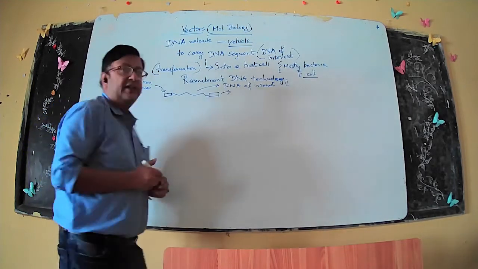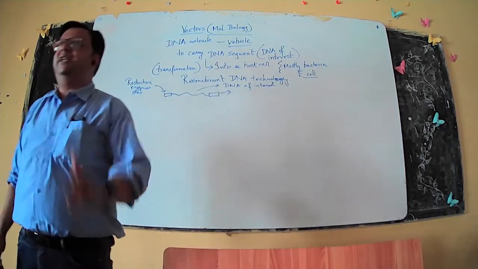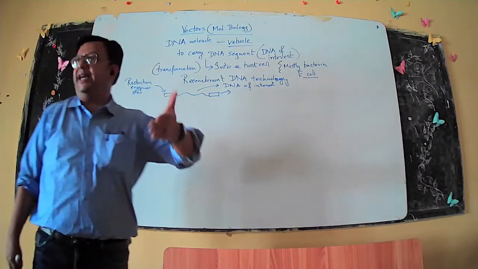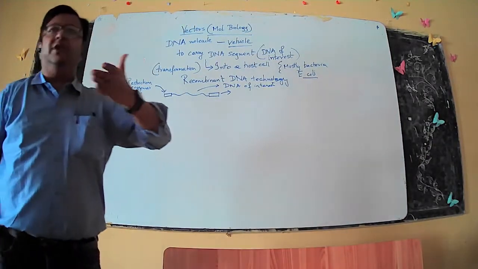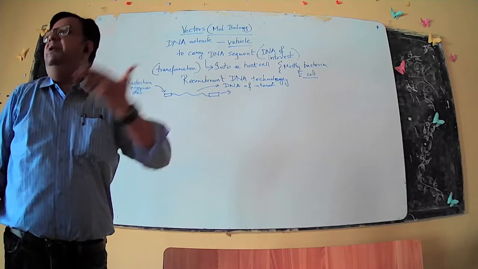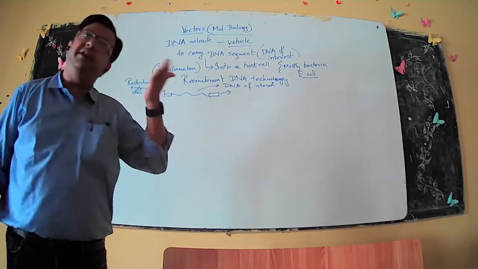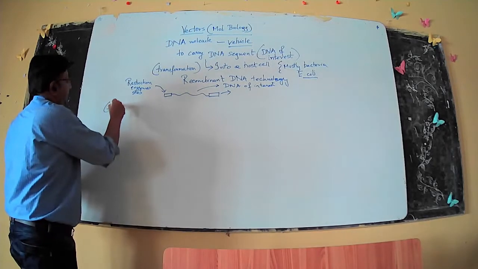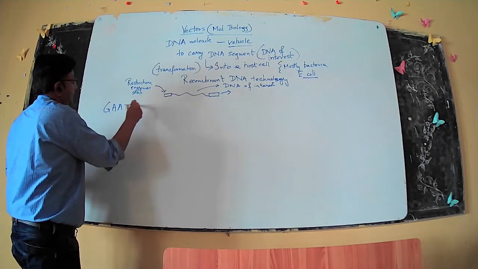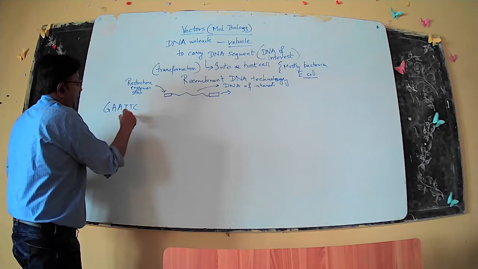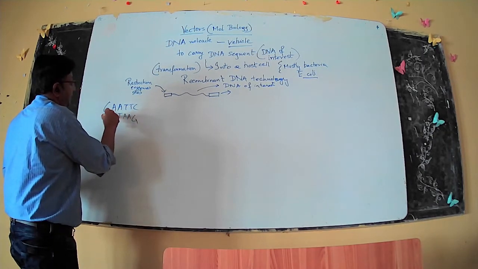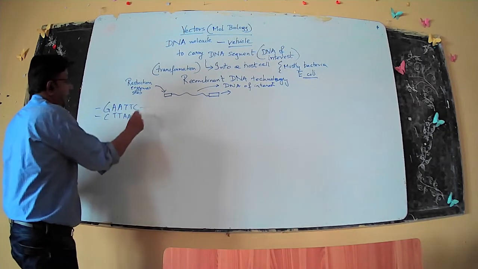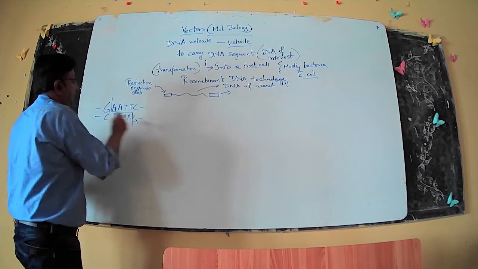Restriction enzymes are enzymes which cut at a specific sequence on a DNA. For example, EcoR1 is a restriction enzyme. It will always cut GAATTC. This is a double-stranded DNA. It will always cut at this point.